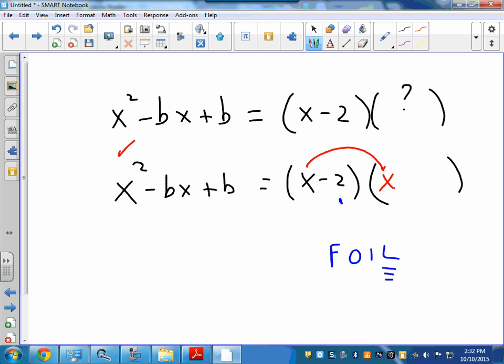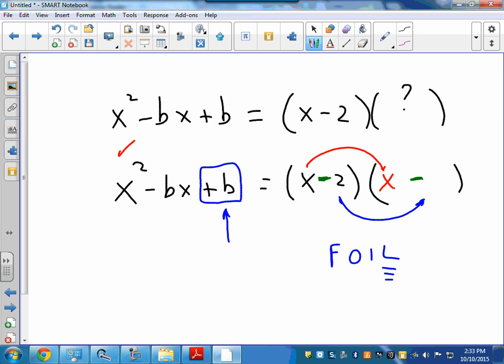This minus 2 times this thing here, I'm going to put a question mark, when you multiply those together, you're supposed to get b, a positive b. So how could that happen? Well, first of all, notice that the first factor has a negative 2, which means this question mark has to be a negative. So I'm going to put a negative there.